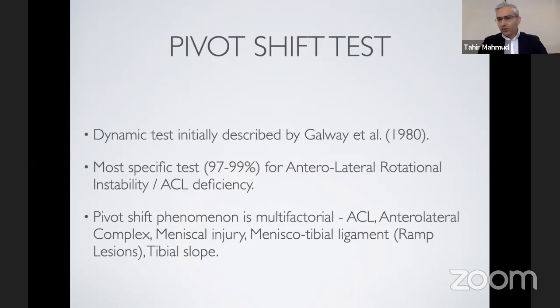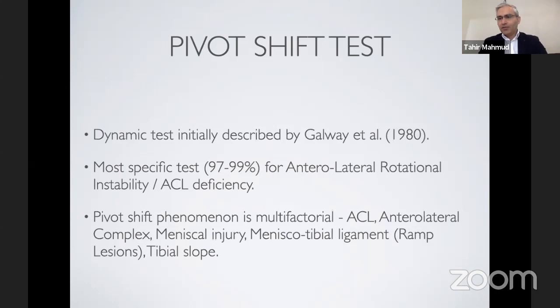It's important to also appreciate that the pivot shift test can be positive and multifactorial. There are many factors that can contribute to a positive pivot shift test, not just the rupture of your posterolateral bundle, but there could be a complex meniscal injury. We know that the menisci are shock absorbers, but they have many other functions, of which secondary stabilizers of the knee are an important function.